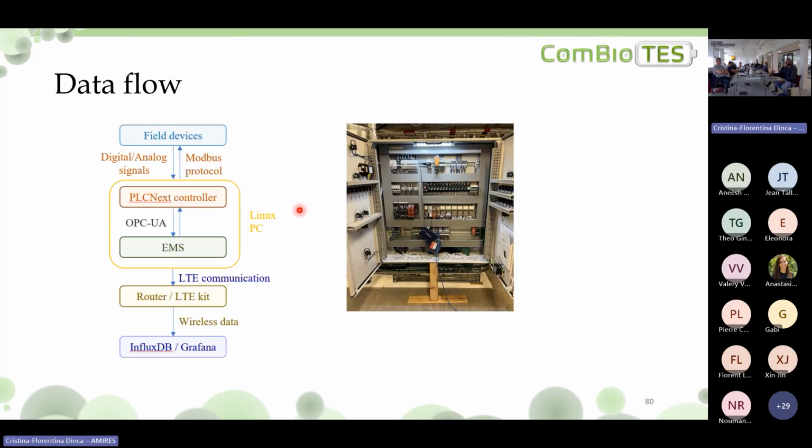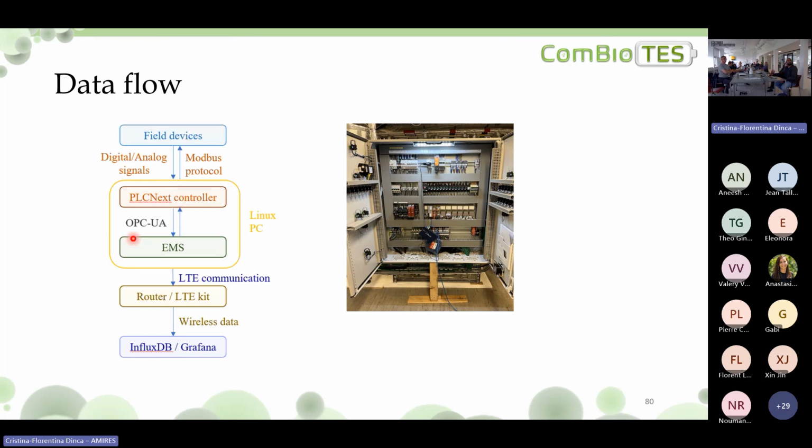So the data flow is basically all the sensors, measurements, devices, all the digital inputs and analog inputs. They are delivered through Modbus protocol communication to the PLC controller, which is on the Linux PC. And then these digital inputs and analog inputs are processed by the PLC.